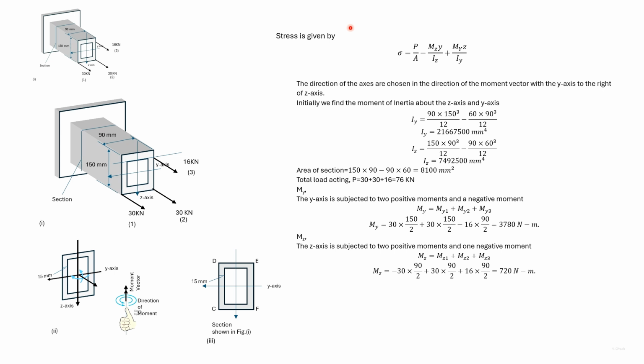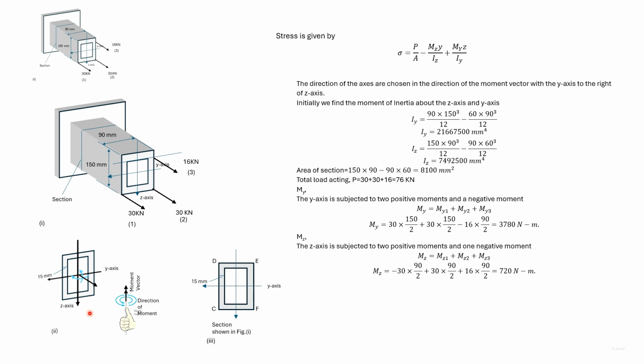Also, from the tensile forces, we see that the moment about the horizontal axis will be directed as shown here. We align the positive direction of the moment vector with the axis. We then choose the z-axis 90 degrees counterclockwise to the y-axis.